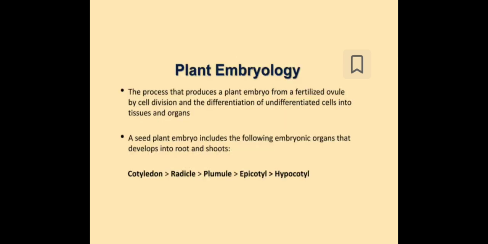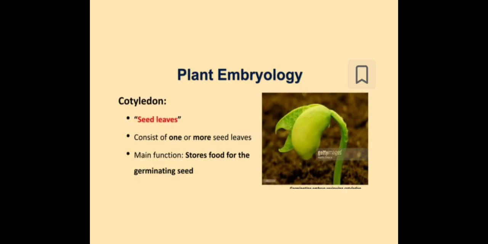Plant embryology. In this, the plant embryo has the following organs: cotyledon, radicle, plumule, epicotyl, hypocotyl. Cotyledon. Seed leaves are called cotyledons. They consist of one or more seed leaves.